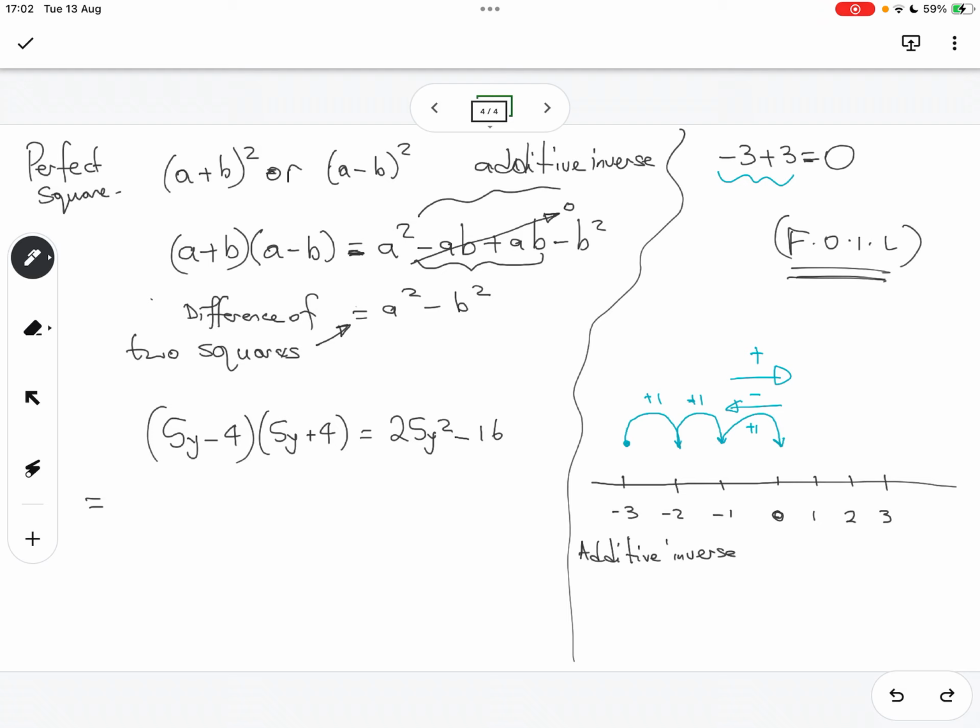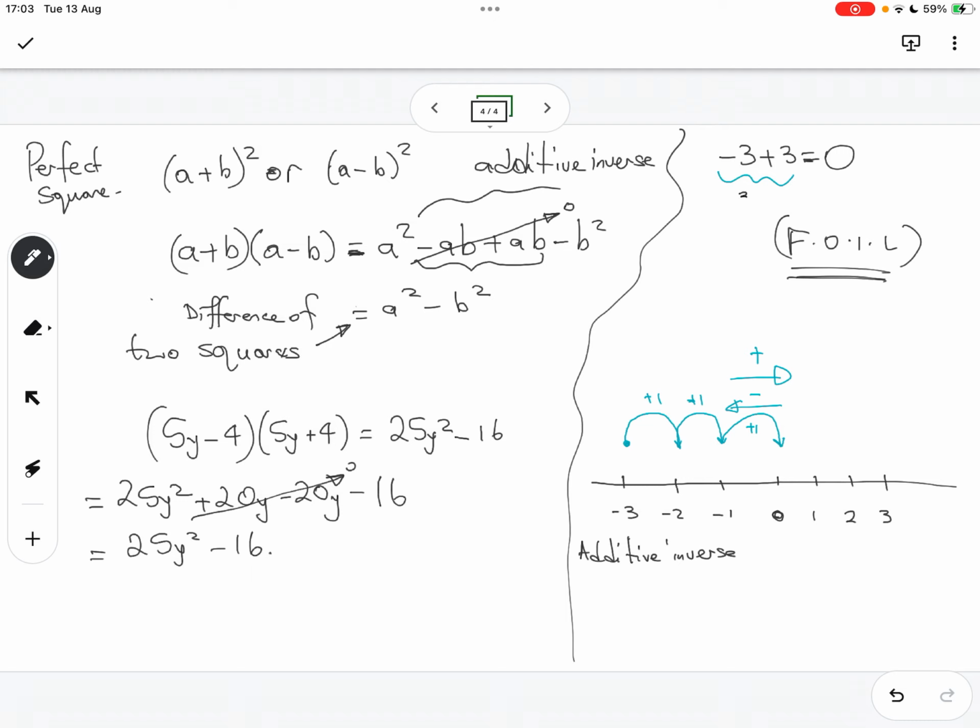Because when you apply FOIL, it will be 25y squared, plus 20y minus 20y, minus 16. And these give you 0. And this will be 25y squared minus 16.